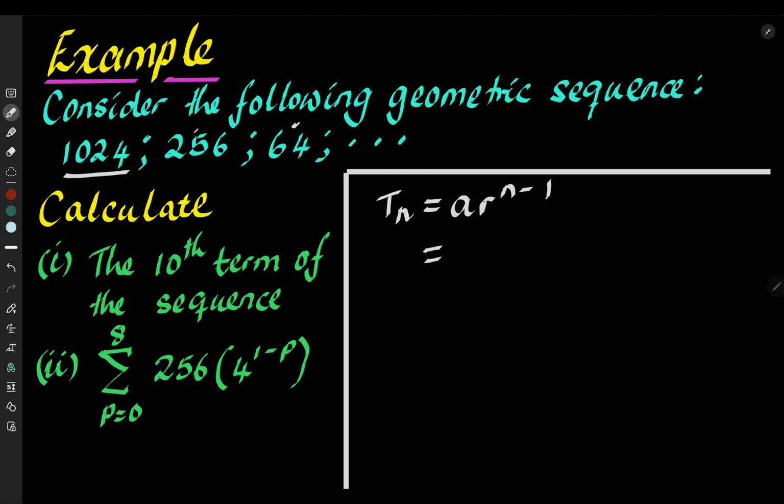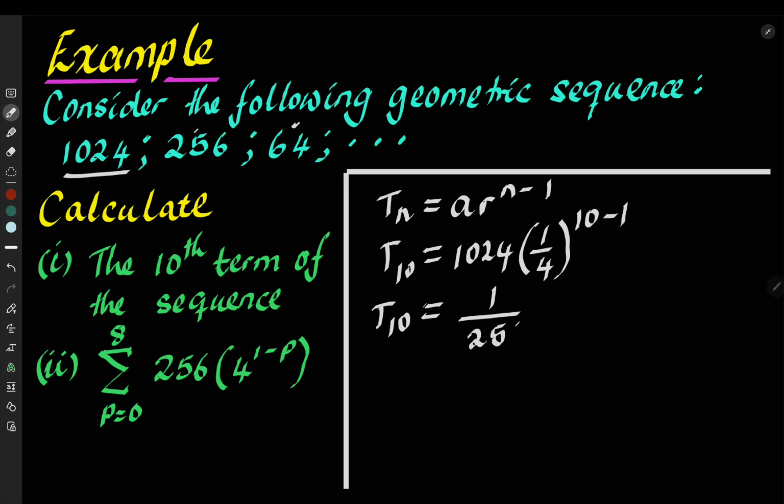In this case, a is equal to 1024, and we have determined r. If you remember previously, that was a quarter. For T10, n will be 10, so that will be 10 minus 1. If you just punch that into a calculator, you will realize that term number 10 is equal to 1 divided by 256.